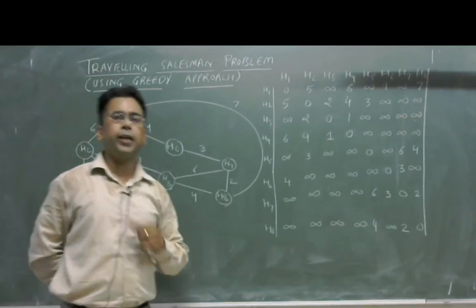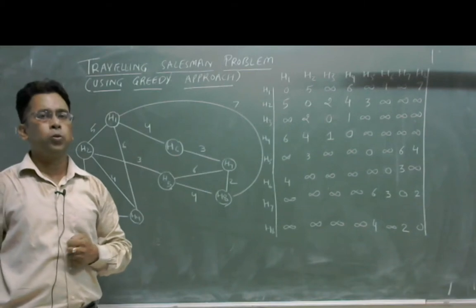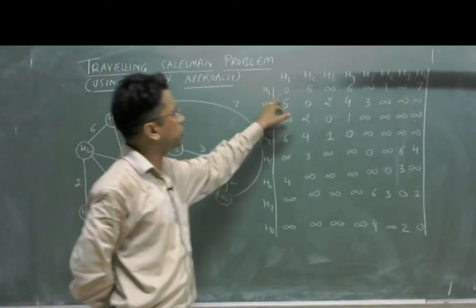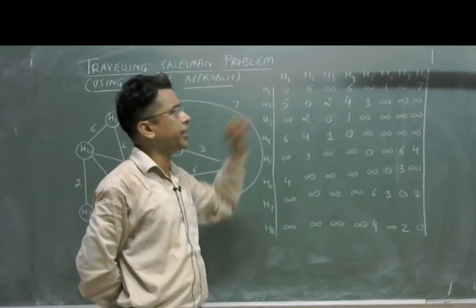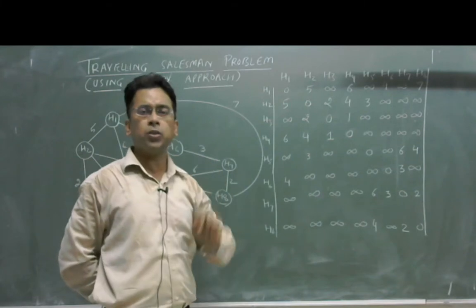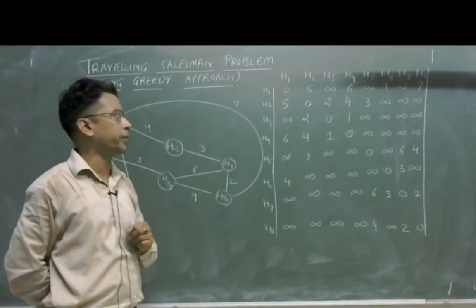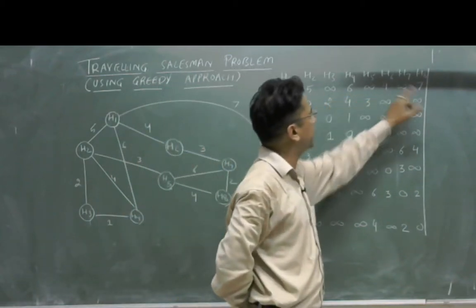Now, at that point, I shall find out what is the nearest neighbor to that node. For that, I shall check the distance of each node from that point which is directly connected, and among these nodes, I shall find the one with minimum weight. Here, four nodes are connected: 5, 6, 4, and 7.